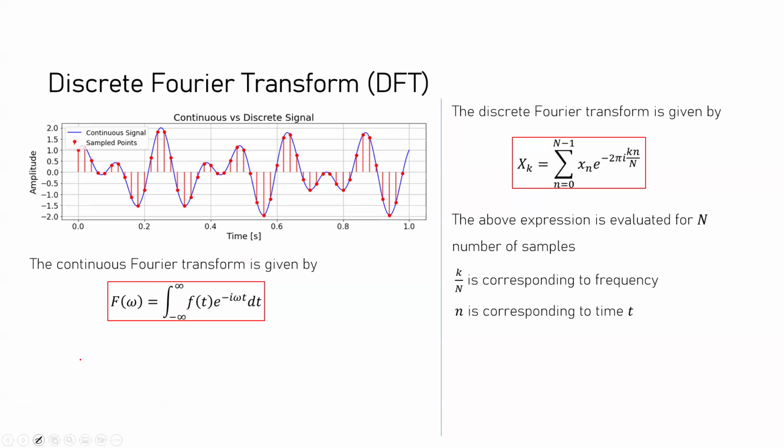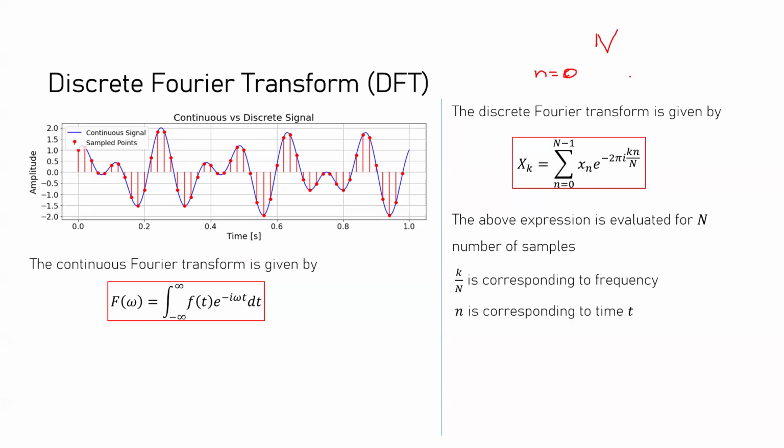That means we have N number of samples, and we start performing this summation from 0, because we are indexing each sample starting from 0.